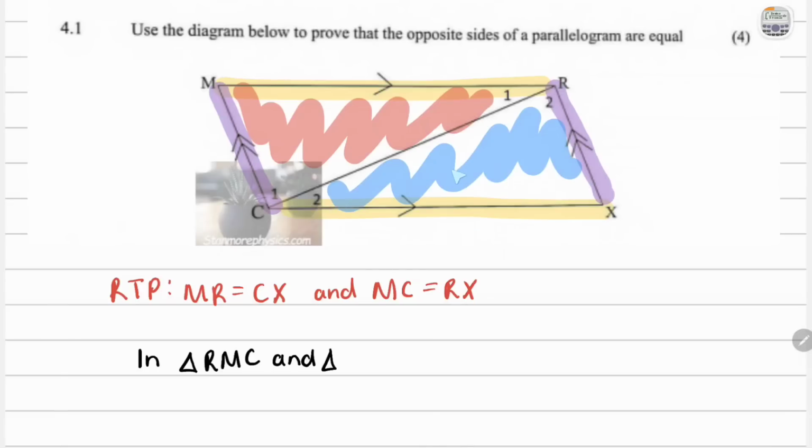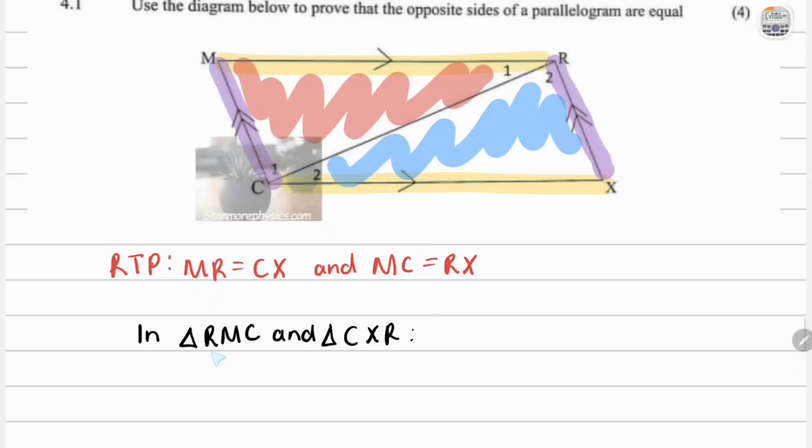So when naming the other one, you need to go from C, the acute angle. We went from R, the highest point, so you need to go from C down to X, by the yellow line, and then to R. So we're going to call that one CXR. And if you name it properly, it becomes very easy to prove because you can follow the naming.